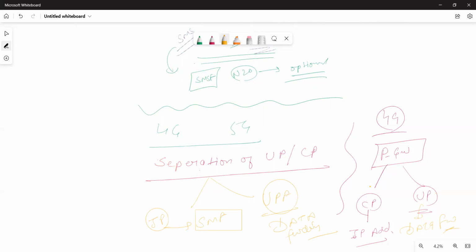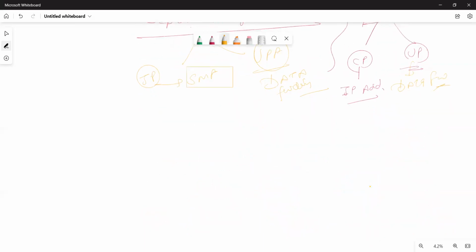So with this separation, some flexibility also comes. User plane and control plane are independent. So these provide scaling, we can scale the control plane and user plane separately. For example, operators can add more users.